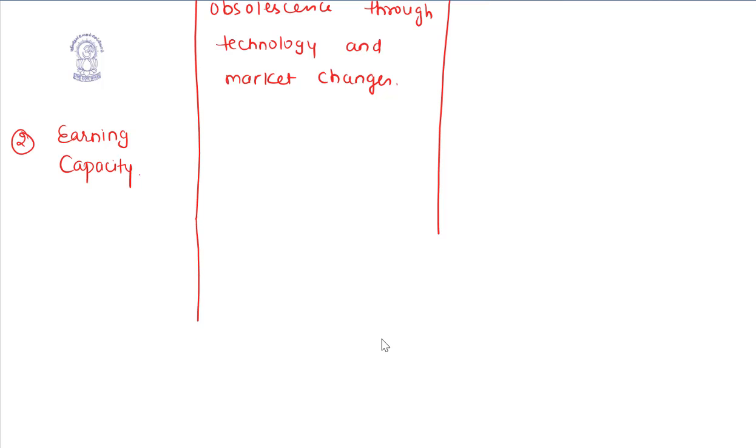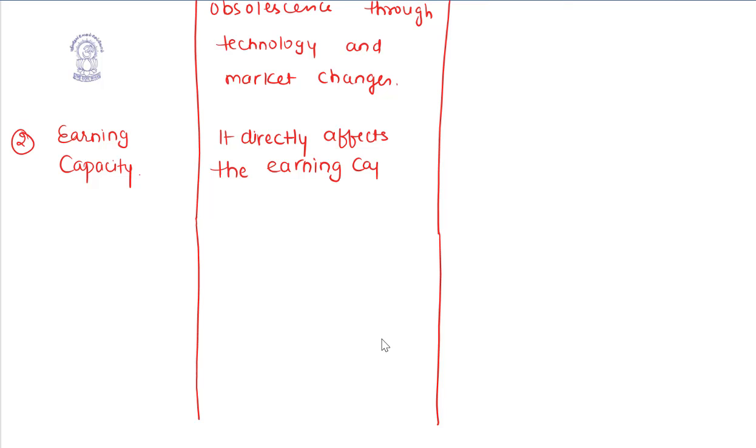Earning capacity. It directly affects the earning capacity of an asset.